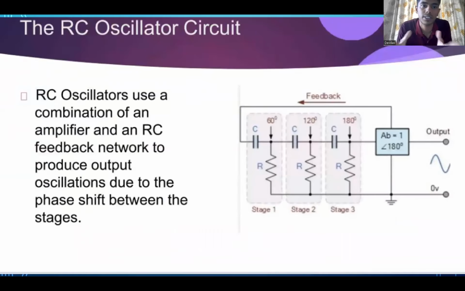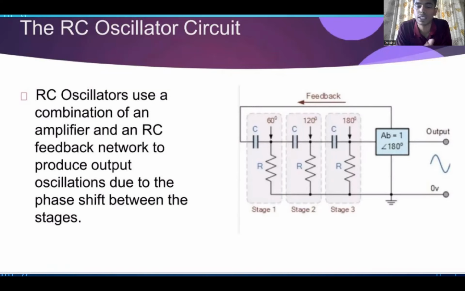For people wondering what RC stands for, it's resistor and capacitor. Remember, RC oscillators use a combination of an amplifier and an RC feedback network to produce output oscillations due to phase shift between the stages. This contains an op-amp which functions as an amplifier.